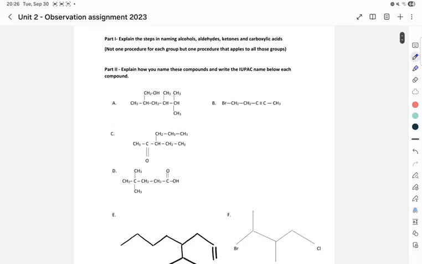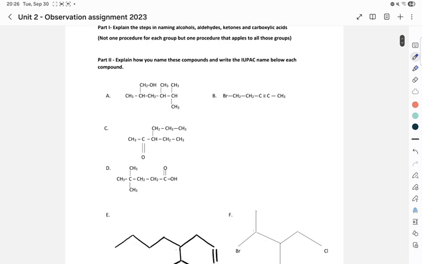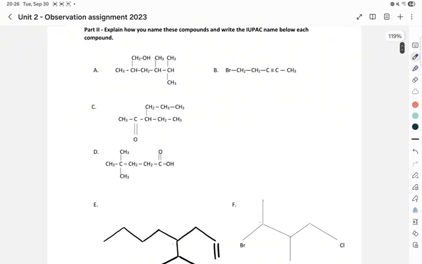And then we move to part 2, where I explain how I name these compounds and write the IUPAC name below each compound. For A, first of all, let's identify the functional group. It's OH, which means it is an alcohol. It needs to end in OL, and the parent chain is this one, numbered 1, 2, 3, 4, 5, 6, which means it is hex.